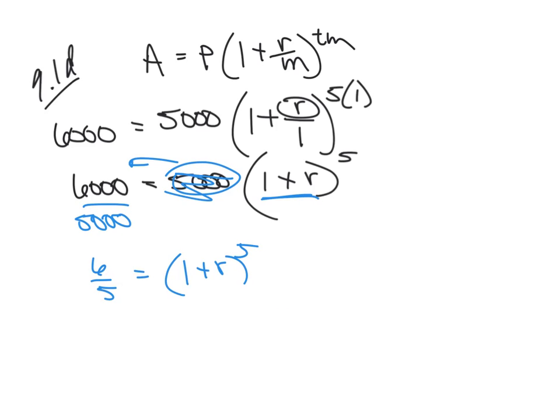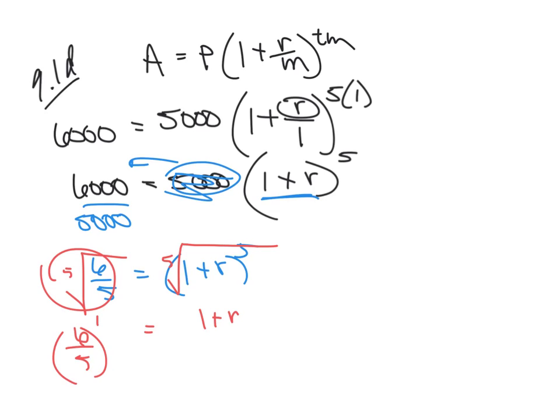I take that root of both sides. And now I have 1 plus R equals the 5th root of that. Or instead of writing it as the 5th root, I probably am going to be better writing it to the 1/5 power. Okay, so I'll write it that way.